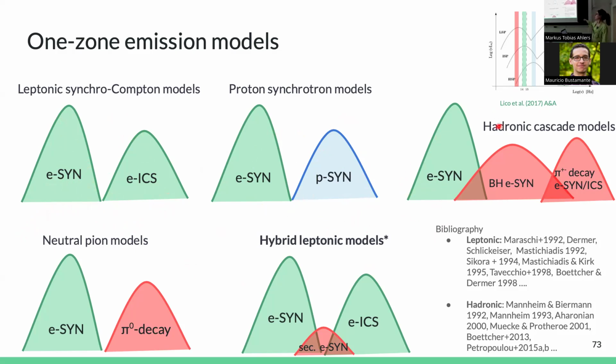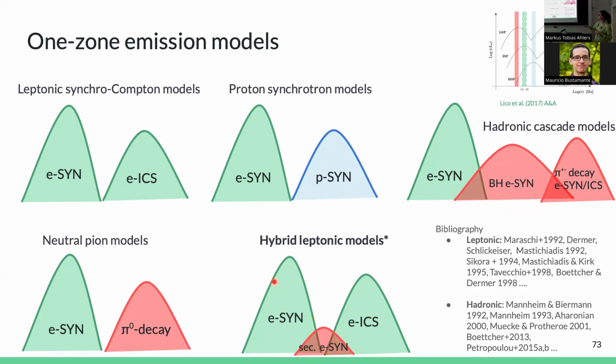You could have more sophisticated or complex models where the gamma ray component here is produced by secondaries that are produced in the charged pion decays. So electron-positron pairs that are produced from the pion chains. You could also have this kind of models, which are mostly leptonic, as you can see, but the contribution of all the secondary electron-positrons that are coming from the hadronic interactions in the source only have a subdominant contribution to the total photon spectrum.